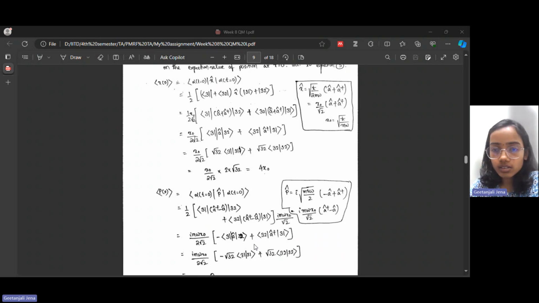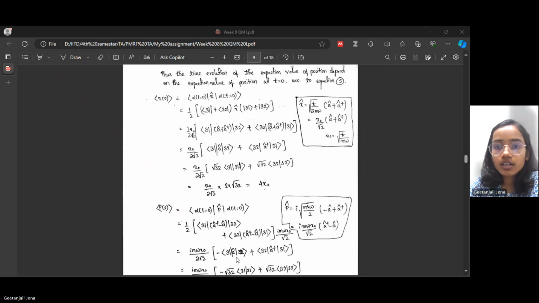Now, when a acts on |32>, it will give root over of 32 and the ket |31>. So the first term will give minus root over of 32, and for the second term, a dagger acts on |31>, so it will give root over of 32 and the ket |32>. If you compare these two terms, you will see that they cancel each other. So the expectation of the momentum operator at time t equal to 0 is 0.